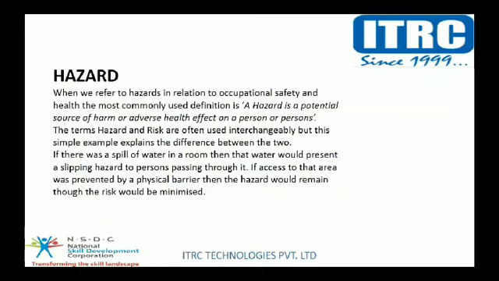If there was a spill of water in a room, then that water would present a slipping hazard to a person passing through it. If access to that area was prevented by a physical barrier, then the hazard would remain, though the risk would be minimized. Simply, we can say a hazard is any agent that can cause harm or damage to humans, property, or the environment.